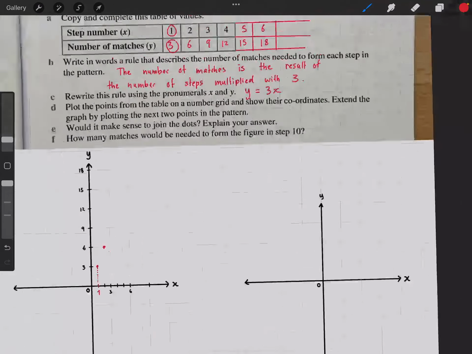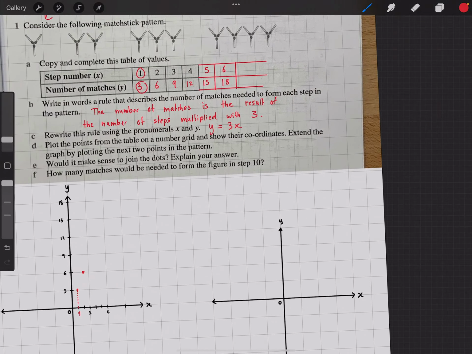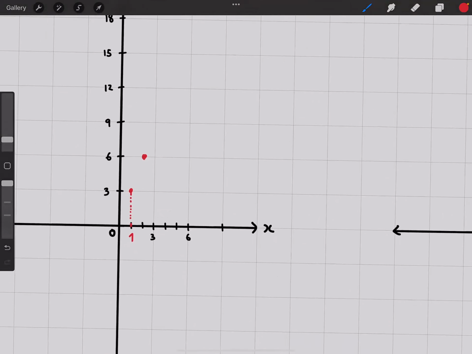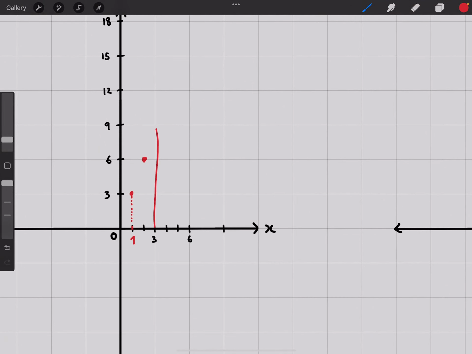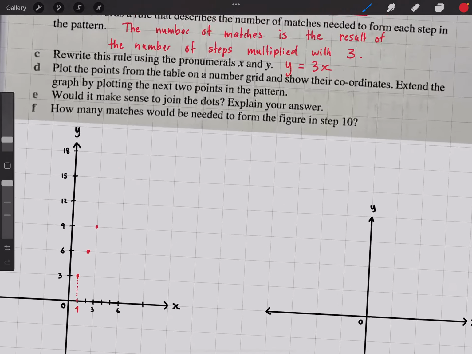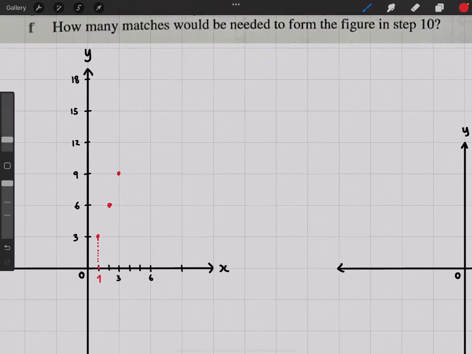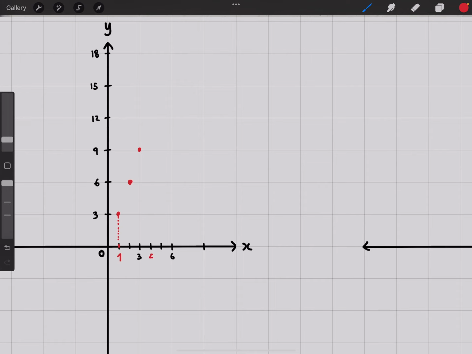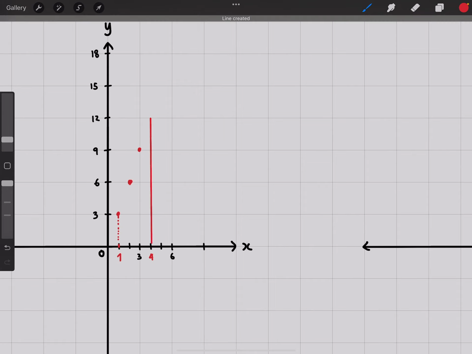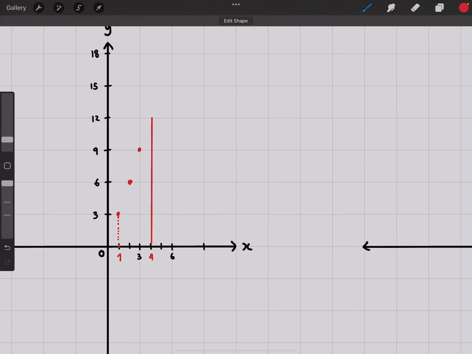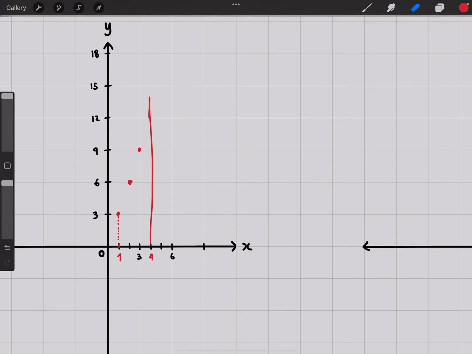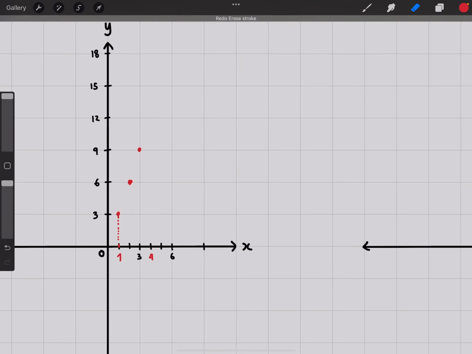Alright, next one, you got x equals 3, y equals 9. So 3 and 9, it's this one here. x equals 4, y equals 12. So you got 4. And if I extend that all the way up, I'll get 12 up somewhere here.